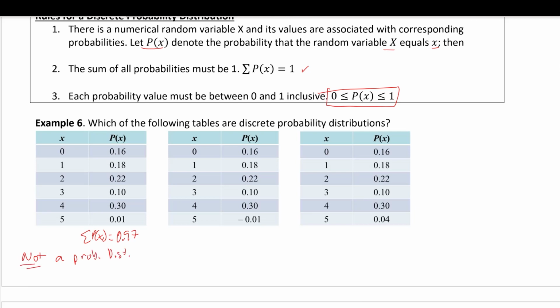Okay. What about this one? Again, let's verify if any of these probabilities are outside of the bounds of 0 and 1. Well, that one right away. All you got to do is have one that doesn't follow that rule, and it's just not going to be a probability distribution. Doesn't matter if they add up to 1.